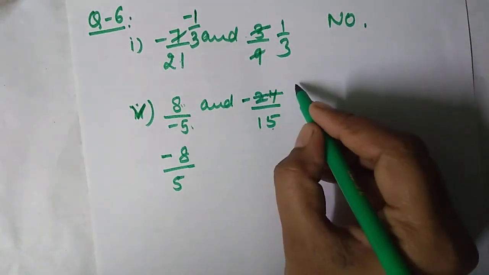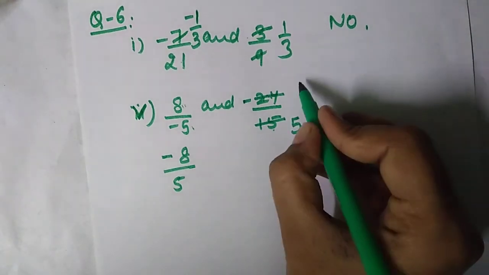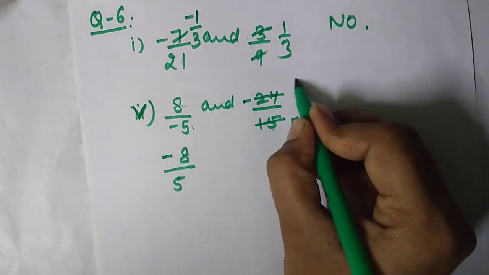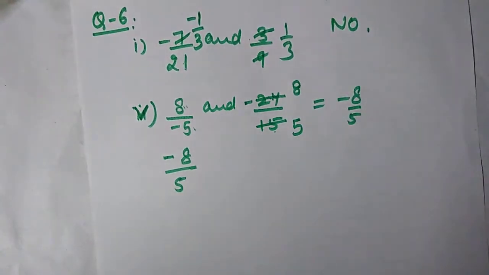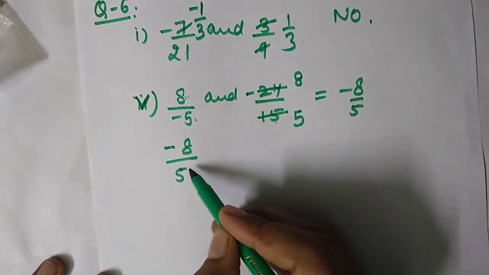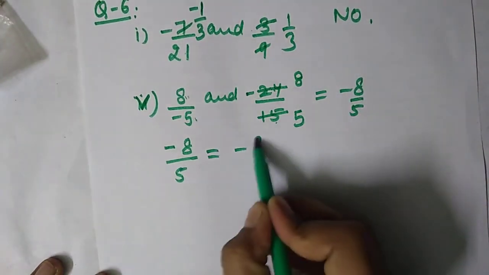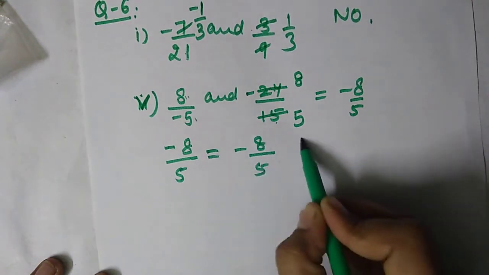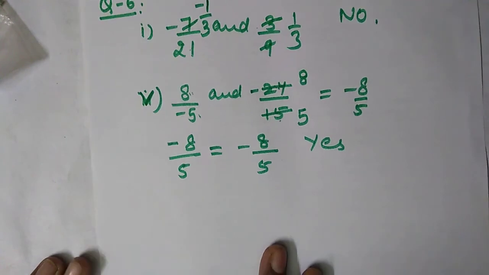So 3 fives are 15 and 3 eights are 24. So it is minus 8 by 5. This is minus 8 by 5 and this is also minus 8 by 5. So minus 8 by 5 is equal to minus 8 by 5. So yes, they are representing the same rational numbers. So this is question number 6.